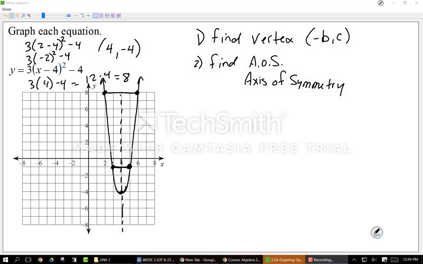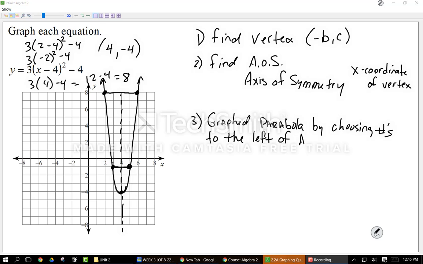The axis of symmetry, remember, is the x-coordinate of the vertex. Number 3, we graph the parabola by choosing numbers to the left of AOS, plug them in and solve. So that's what we did to get the other 4 points for our graph.